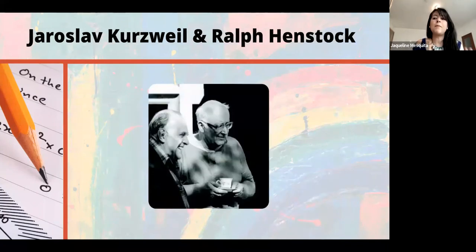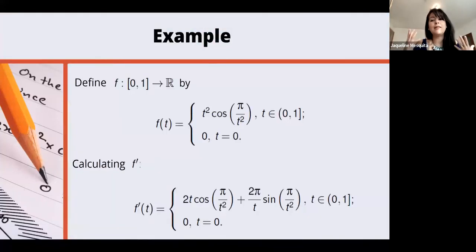At the same time, but completely independently and investigating other types of problems, Henstock also introduced in the literature a new type of integral, more general than the Lebesgue integral, but with a different concept from Jaroslav Kurzweil's. But later they found out that both were equivalent. And that's why this is called the Kurzweil-Henstock integral or Henstock-Kurzweil integral.